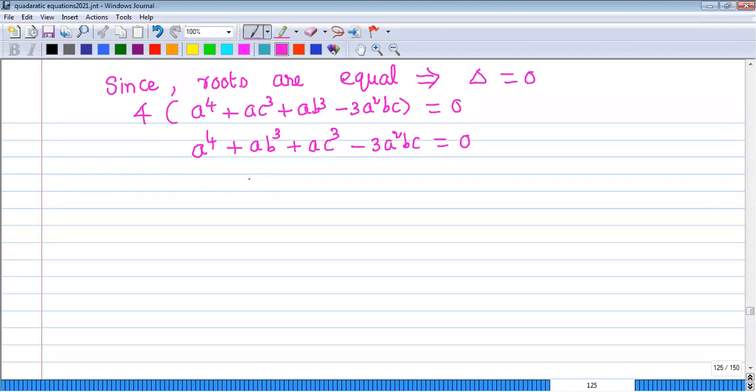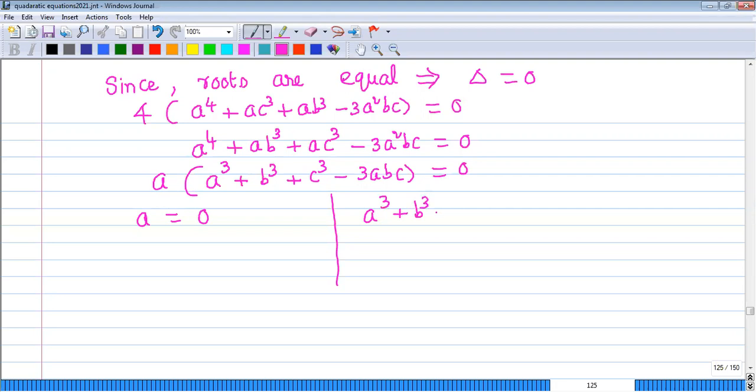If you observe each and every term of the left hand side, we have a power 4, ab cube, ac cube and minus 3a square bc, so that we can take a common out. If you take a common out, you get a times (a cube plus b cube plus c cube minus 3abc) equal to 0. So now we get two cases. The first case is a is equal to 0. The next one is a cube plus b cube plus c cube minus 3abc equals 0.